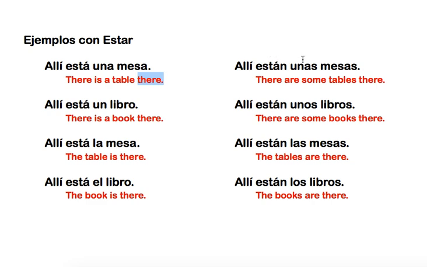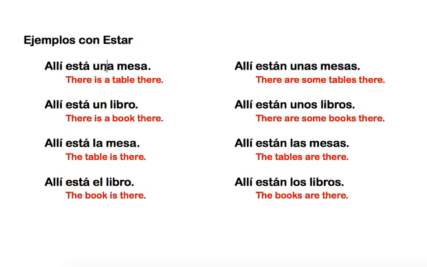Allí están unas mesas. There are some tables there. Notice están. This looks different from está. Why? Because this changed the number. Está una mesa. There is a table. Están unas mesas. There are some tables. So the conjugation is different because this is plural. So this verb has to be in the plural form. This is singular.